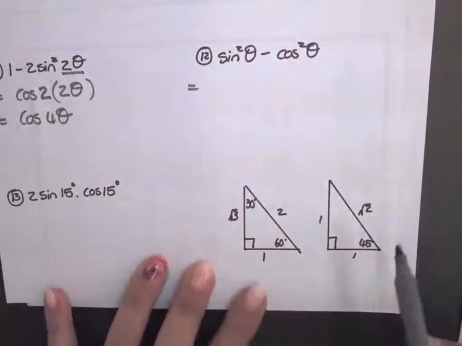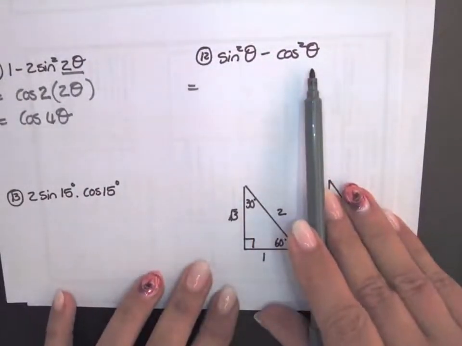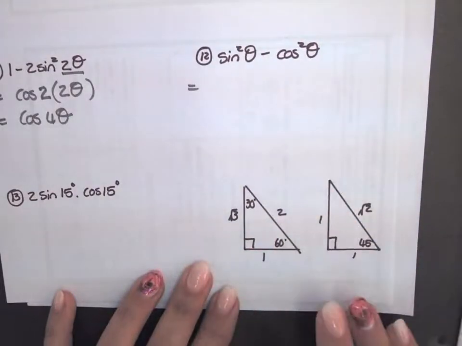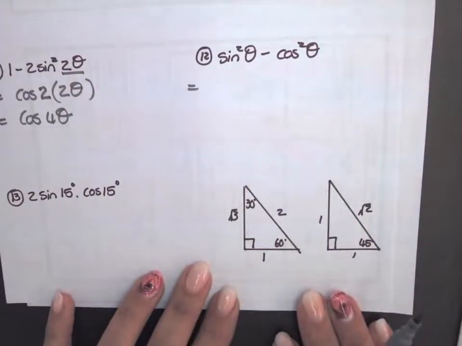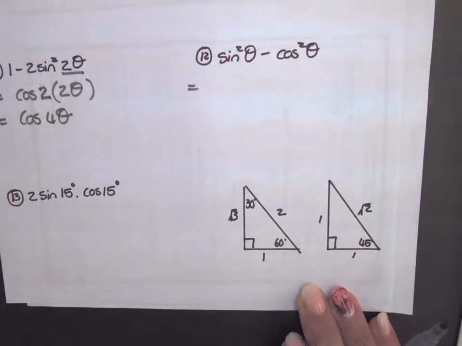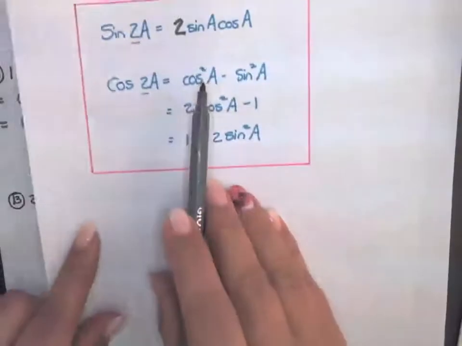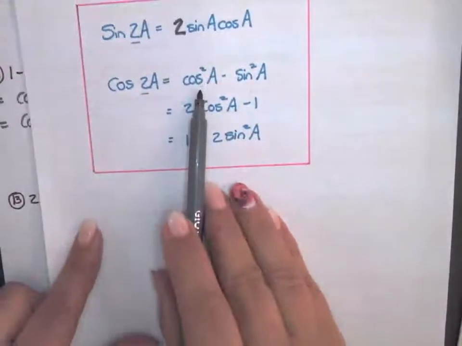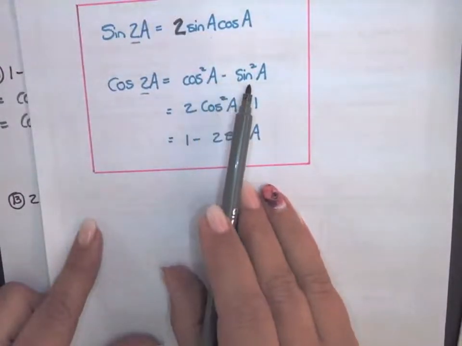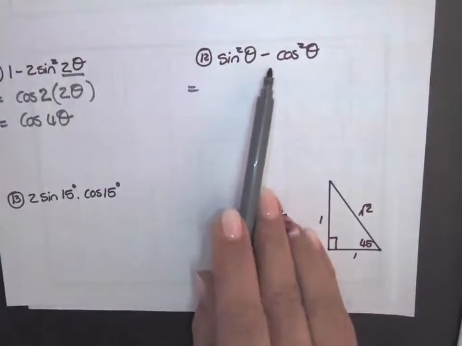Now I have sine squared minus cos squared. Which one is that? It's cos, but it's sort of swapped. Because with cos, the cos must stand first and then minus sine. Here we have sine minus cos.